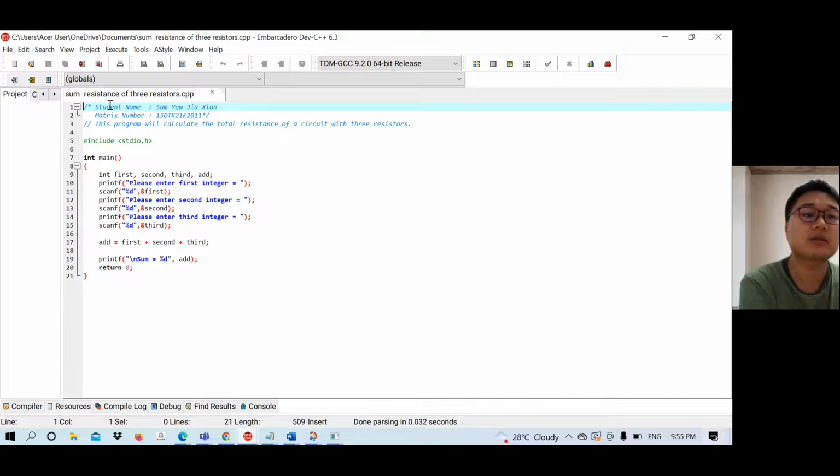So here it is. I wrote my student name and my matrix number, and I typed that this program will calculate the total resistance of a circuit with 3 resistors. I start with include stdio.h, int main, and I also declare int first, second, third. This is the data type, and I also type printf and scanf: please enter first integer, please enter second integer, and please enter third integer.